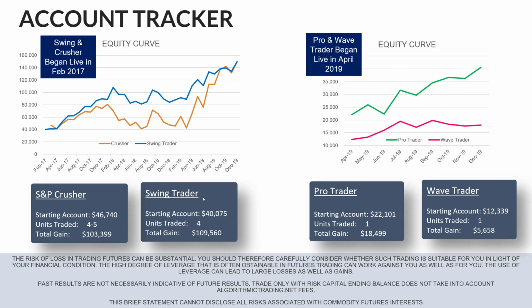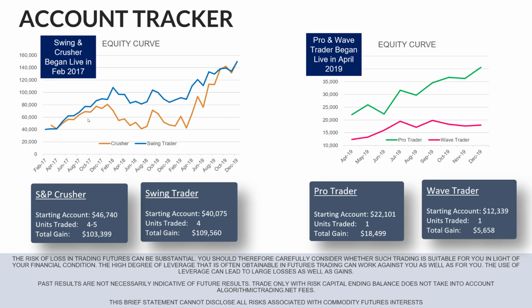The swing trader has actually done even more. It started at 40K back here around the same period in February, and as of the end of December 2019, it also has about 150K in it. I know it looks kind of weird because these lines connect. That's really just a random thing that they happen to do.